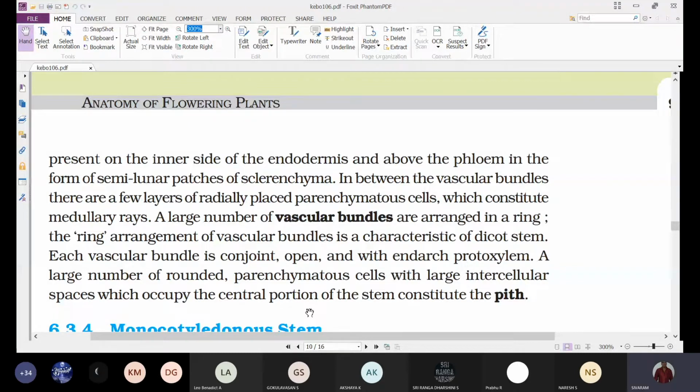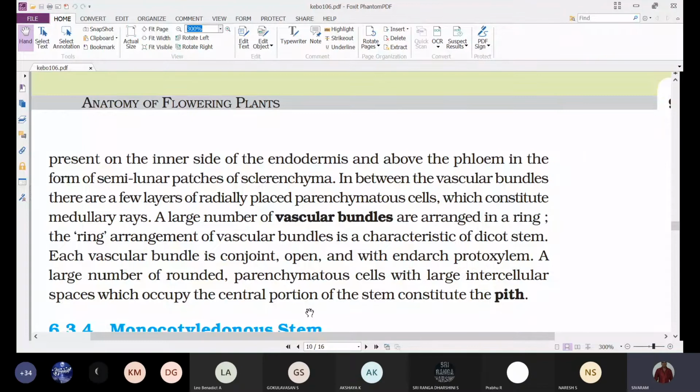That means the pericycle is made up of sclerenchyma in the case of dicotyledonous stems.